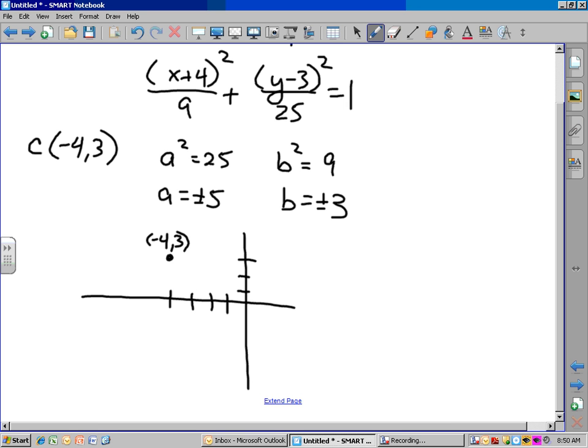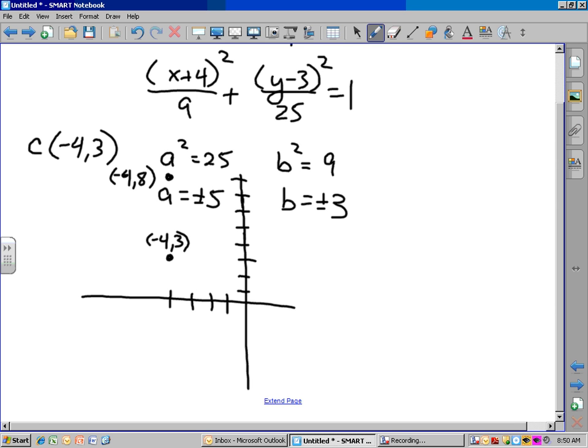Now, which is going to be the major axis? The y. So I'm going to go up and down 5 from the center. 1, 2, 3, 4, 5. What point will that be? Negative 4, 8. Good.